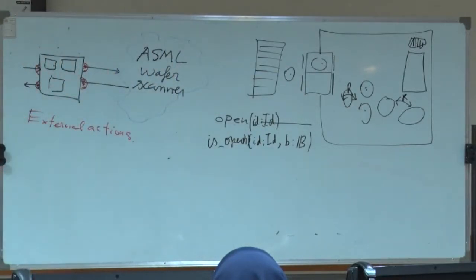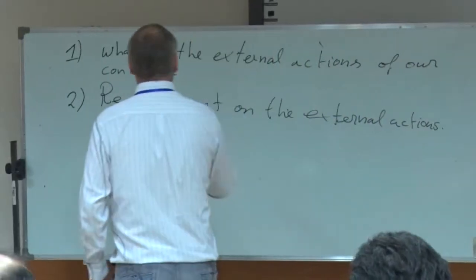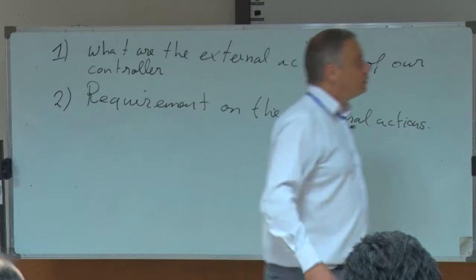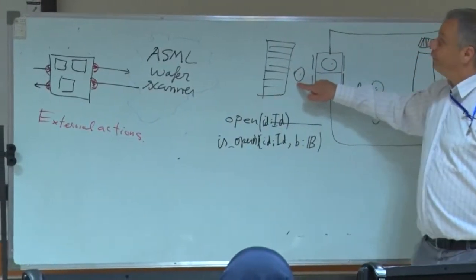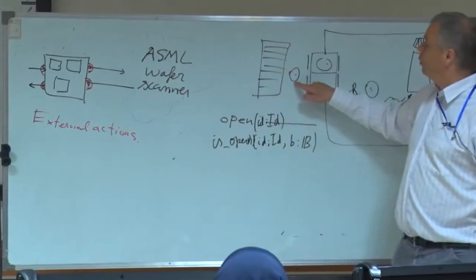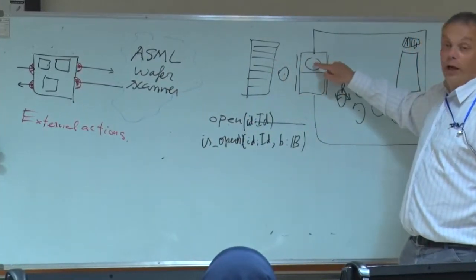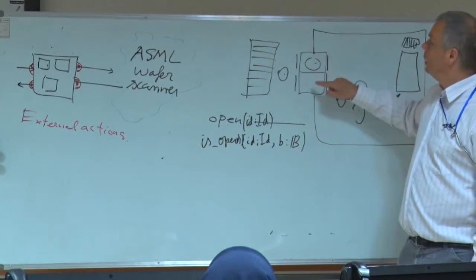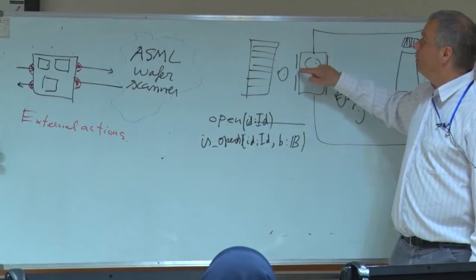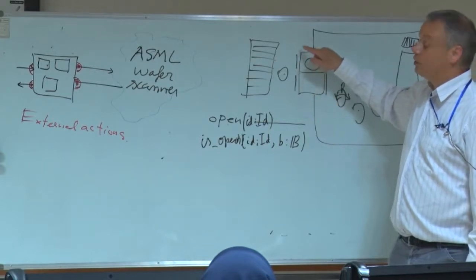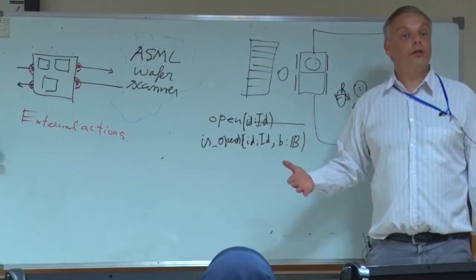And these rather unpleasant phrases are the requirements to write down. Another one, if we instruct this robot to move a particular wafer from here to there, then we know that this door is open. So the last message we received about the status of this door was that it was open, and we did not instruct it to close in the meantime.